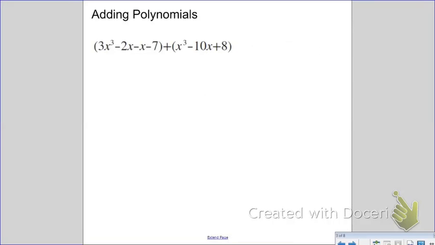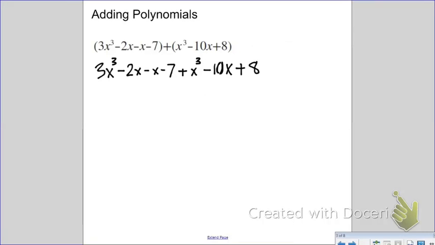But in reality, you can drop these parentheses out and rewrite it as 3x cubed minus 2x minus x minus 7, plus x to the third power minus 10x plus 8.